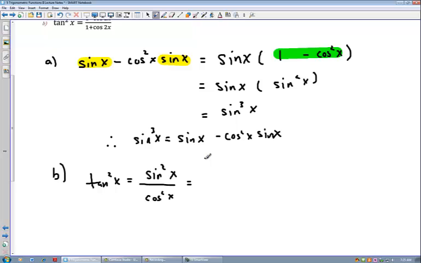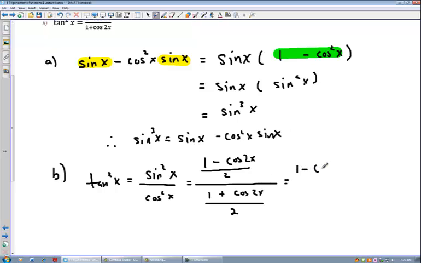So on top I have 1 minus cosine of 2x divided by 2, all divided by 1 plus cosine of 2x divided by 2. And then that's equal to, if you divide by a fraction, you multiply by the reciprocal, so 1 minus cosine of 2x, all divided by 2, times the reciprocal, which is 2 divided by 1 plus cosine of 2x.